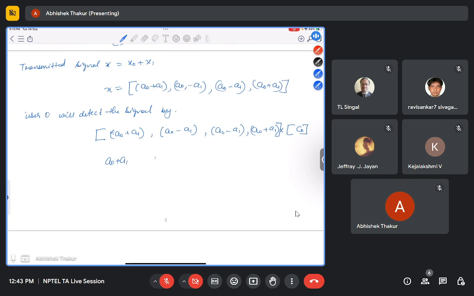So the first is a naught plus a1, the second one is a naught minus a1. So this is the transmitted symbol by the base station. It will be multiplied with the codes and then added. So we will get a naught plus a1 plus a naught minus a1 plus a naught minus a1 plus a naught plus a1.